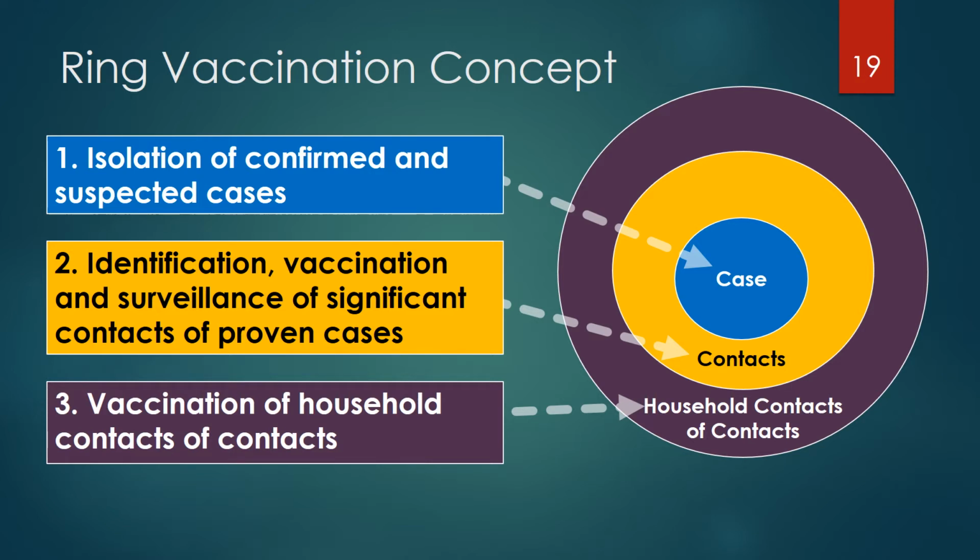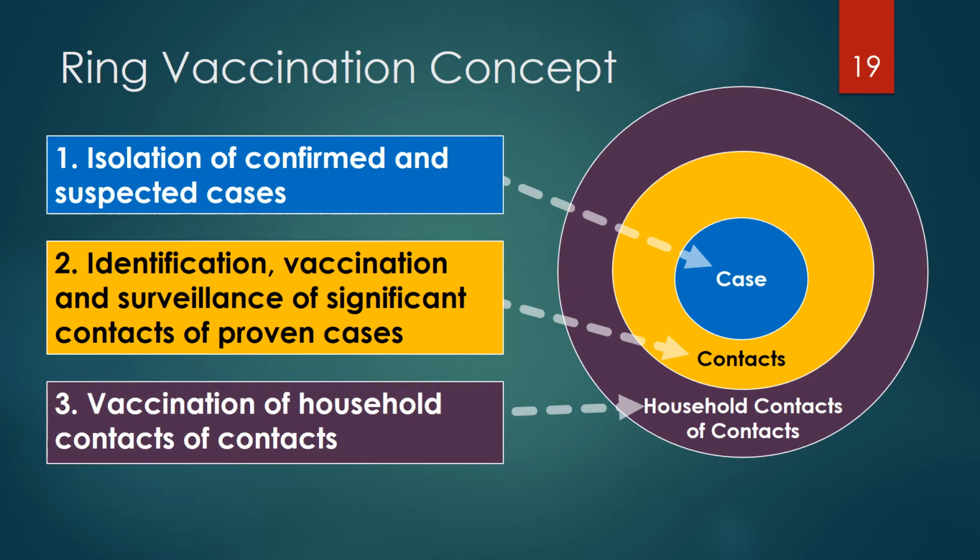The second step included the identification, vaccination, and surveillance of significant contacts of proven cases, represented by the first or yellow ring. The goal of this first ring was to prevent further spread of the disease to contacts and also to identify contacts who developed disease and isolate them as a case.